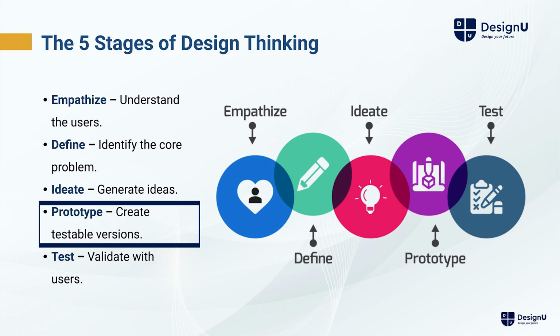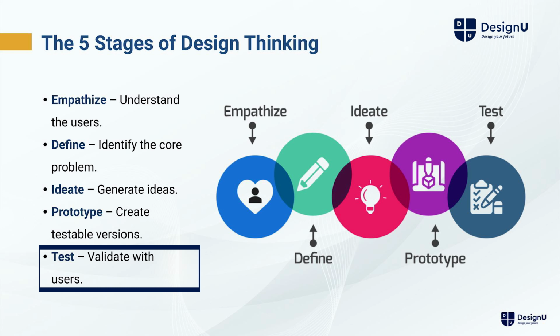So prototyping is creating testable representations that you can use to visualize what it is that you're trying to solve. Prototypes help you to test your ideas and validate and brainstorm over it. Then lastly, which I've also already mentioned, is to test. So the 5 stages of design thinking: empathize, define, ideate, prototype, and test.